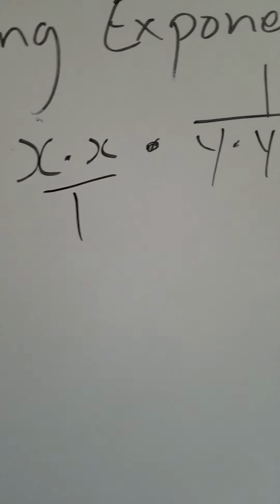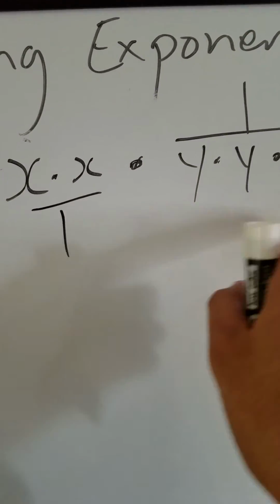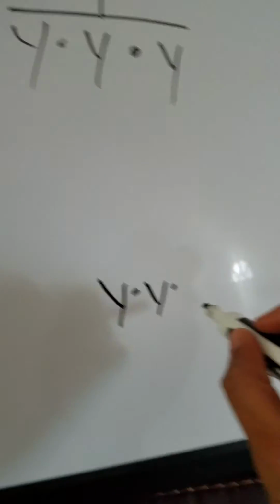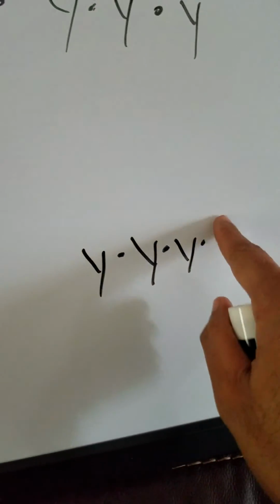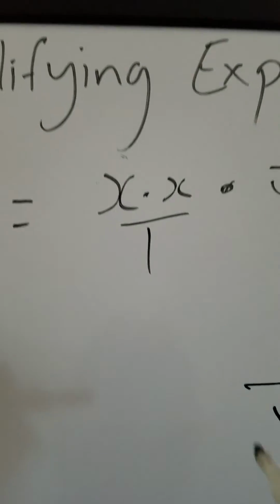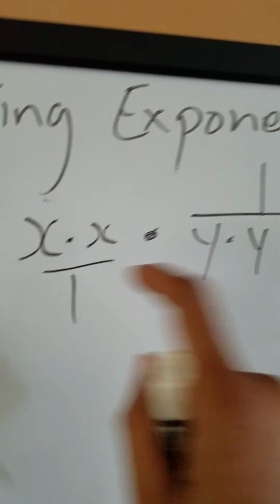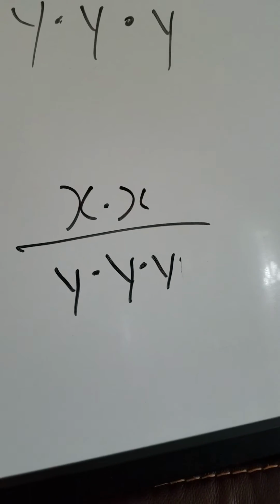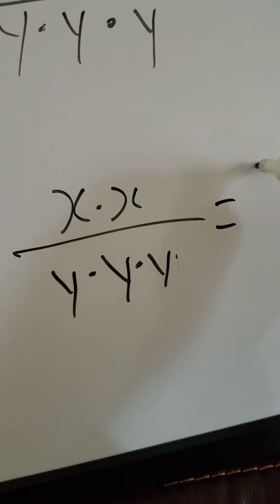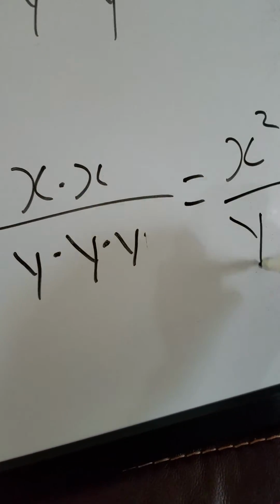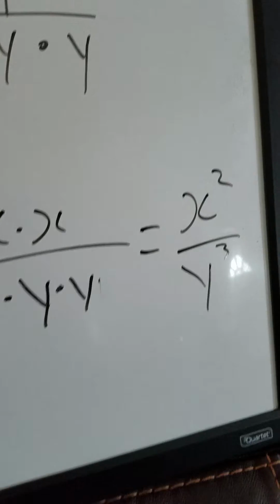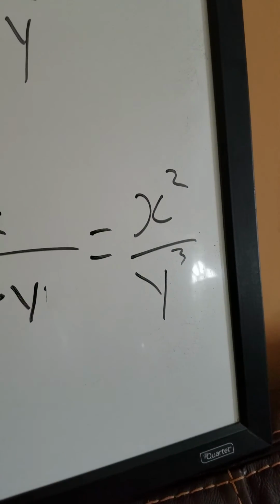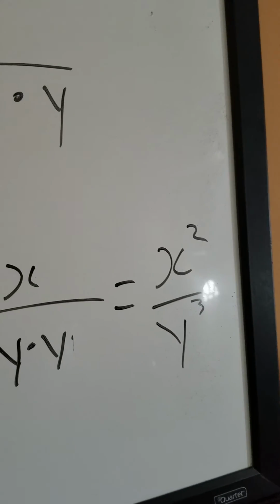So if we were to multiply the bottom, we're just left with our 3 copies of y. And if we were to multiply the top, 1 times our x's, we're just left with our 2 copies of x. Our 2 copies of x is still x squared, and our 3 copies of y is still y cubed. And we just have x squared over y cubed, or y to the 3rd power.